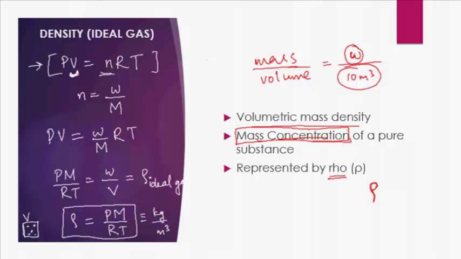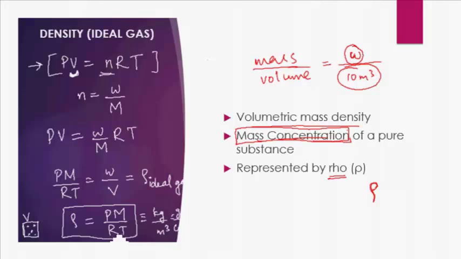But if you are not using SI units, say you are calculating density in gram per cc, which is another common unit for density, gram per cubic centimeter, then you can keep molar mass in gram, but in that case the value of R will not be 8.314, because 8.314 is the value of R in SI units.